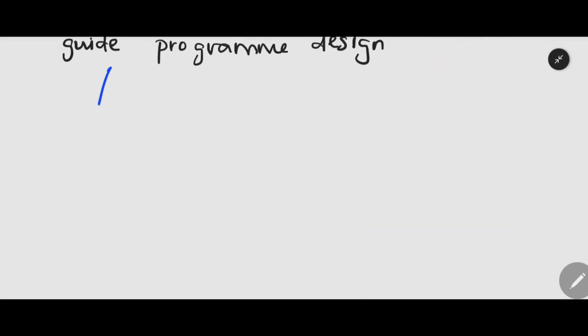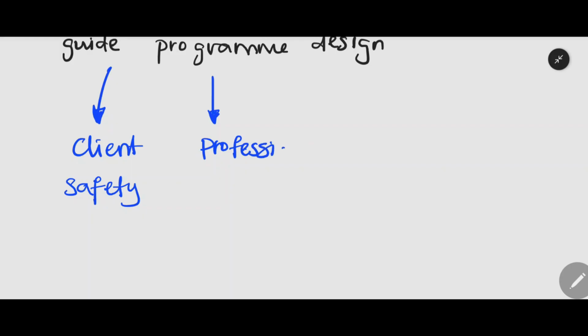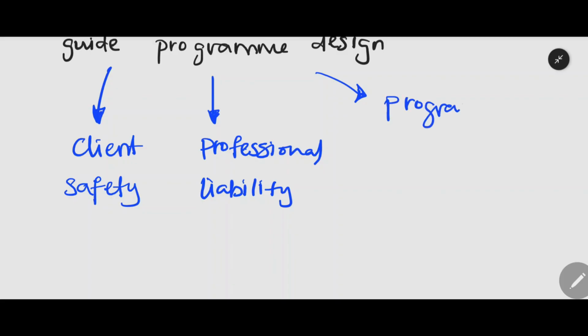And screening is important because it helps to improve our clients' safety, it protects us from professional liability, and it helps to improve your program's accuracy. And when you're doing your screening, remember these 3 things.